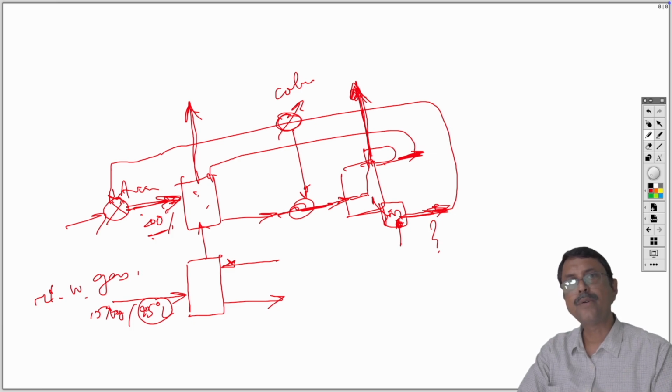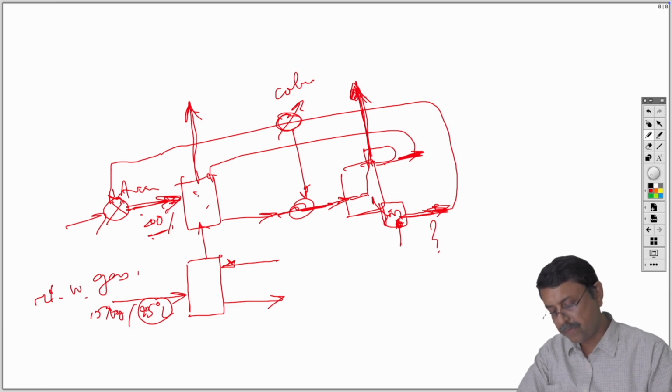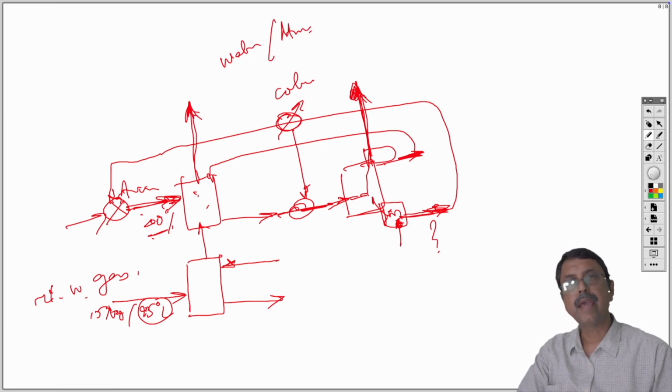So through these outlets, some amount of water and amine will be lost through these gas outlets, and they need to be replenished. Otherwise, there will be no mass balance of the amine and water. Okay, so that is the makeup stream that will pass through.